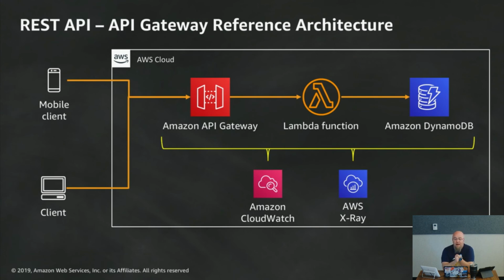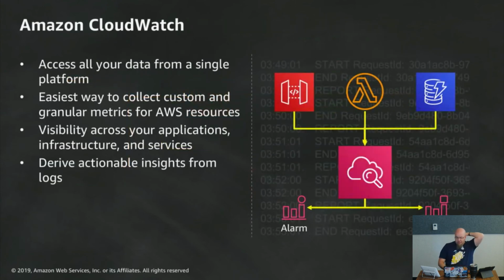The second thing we're adding is Amazon CloudWatch and AWS X-Ray as a monitor over the whole system. And Bob will be walking through that. But I want to break down what these services are before we go too far. Amazon CloudWatch allows you to access all your data from a single platform. It's really the easiest way to collect custom and granular metrics for AWS resources.